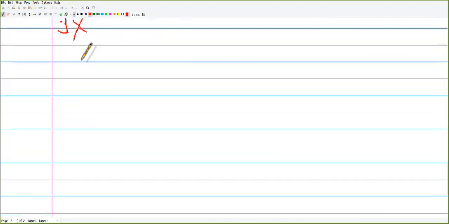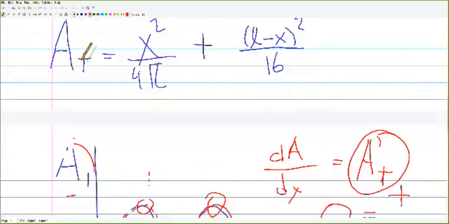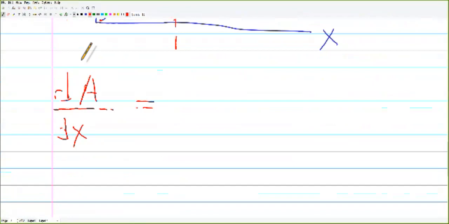Let's see our function. Our function is x squared over 4 pi. What's the derivative? X squared divided by 4 pi, that's the same thing as 1 over 4 pi, a constant, times x squared. So I take that 2 back.